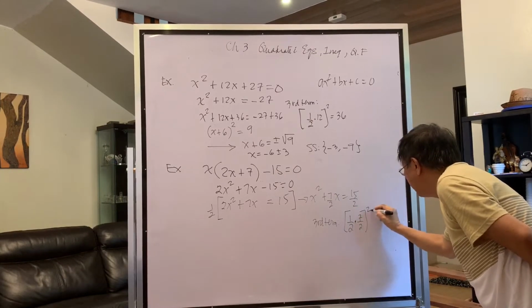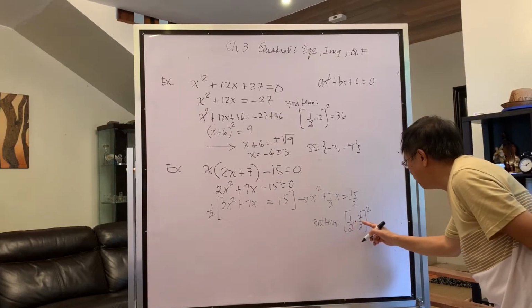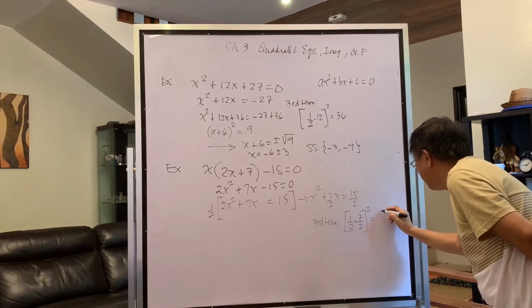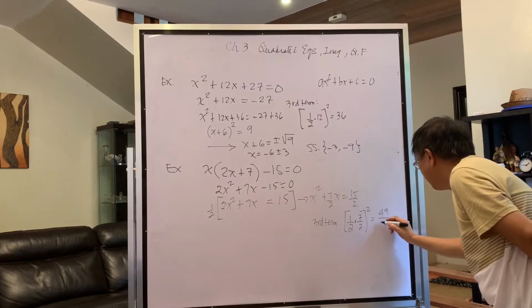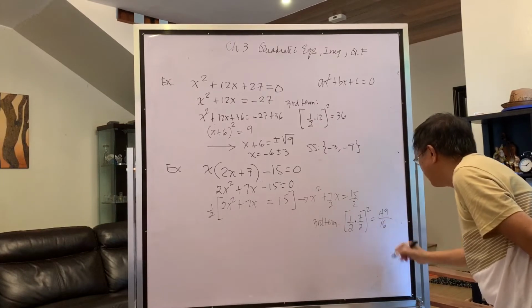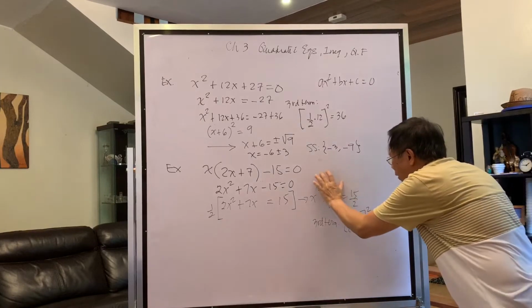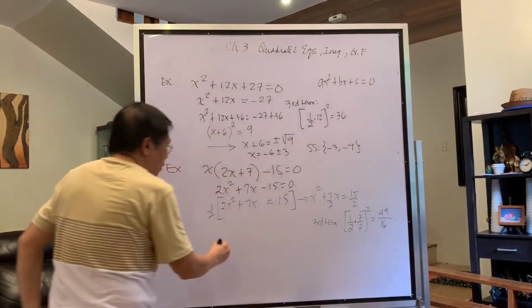So, 1/2 of the coefficient of the linear term, squared. This gives me 7 over 2 times 1/2, which is 7 over 4, and squaring that is 49 over 16. This is the term that will make the left-hand side become a perfect square trinomial.